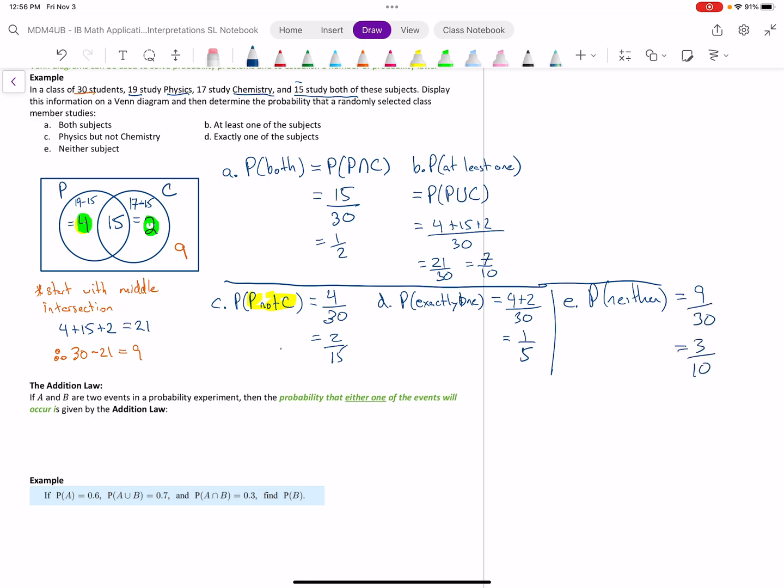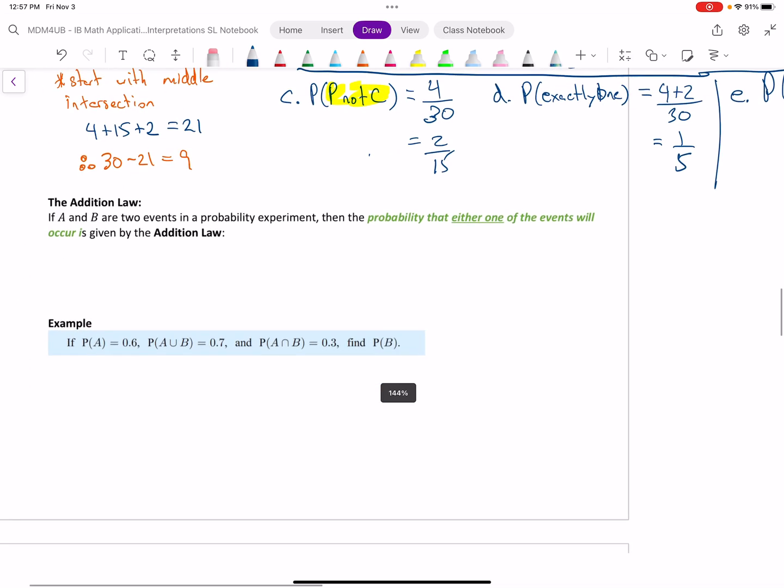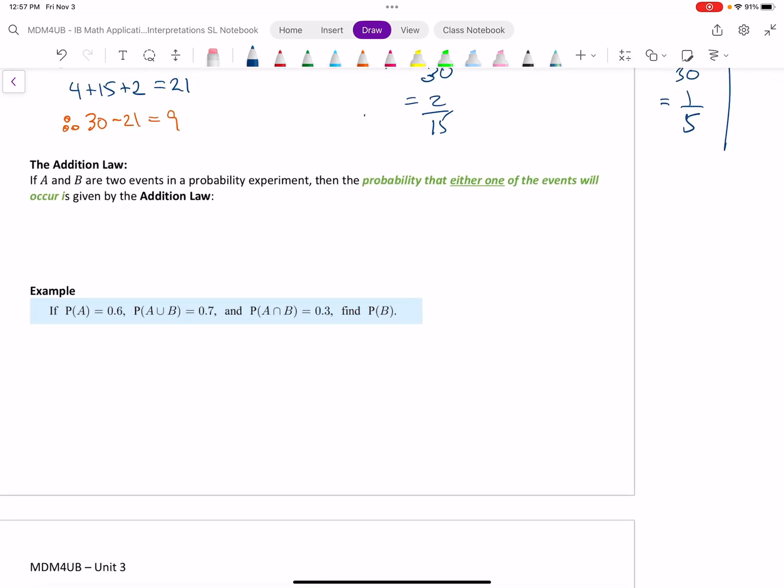And that's it. So hopefully this is something you can use as a helping hand in order to solve some of these problems. Within this is the idea of what's called the addition law. It says if A and B are 2 events in a probability experiment, then the probability that either one of the events will occur is given by the addition law.